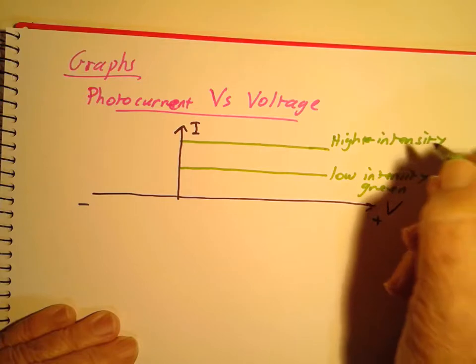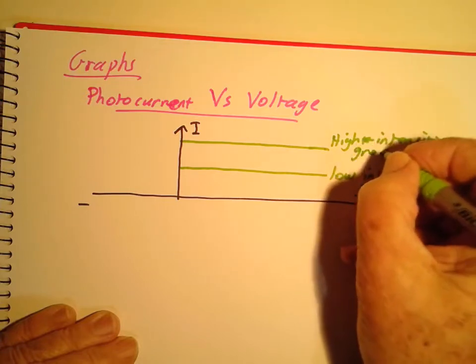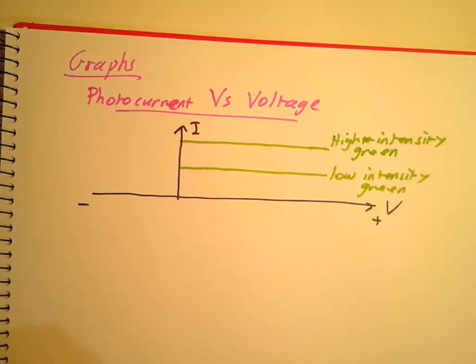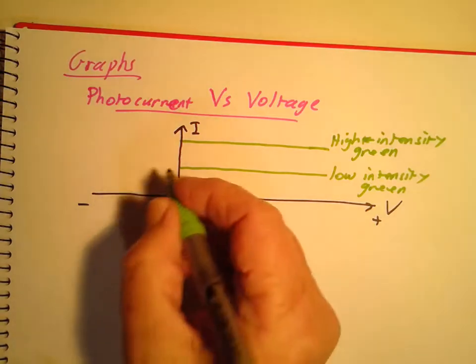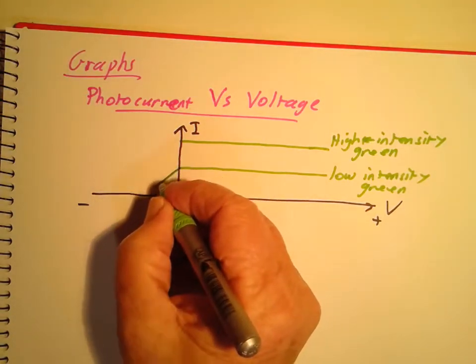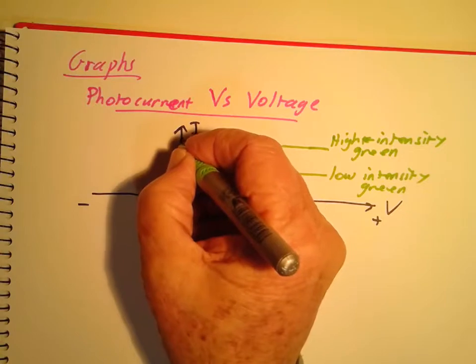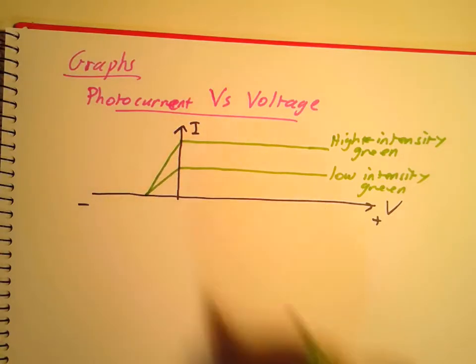Intensity is just how much light you're getting. But because the energy depends on the frequency, and this green light all has the same frequency, then the most energetic electron for that metal is still exactly the same.